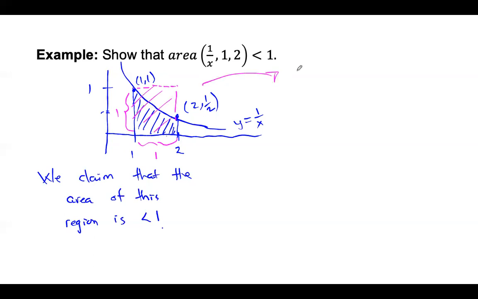We observe that this red, or this kind of pinkish region, basically is a square with length 1.